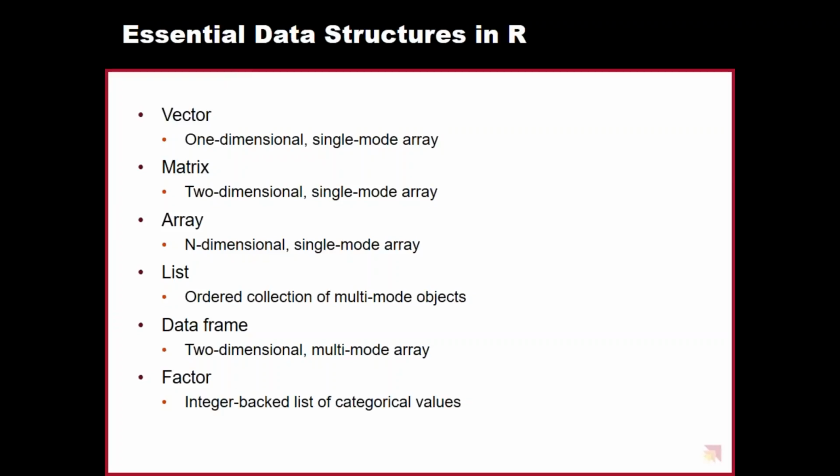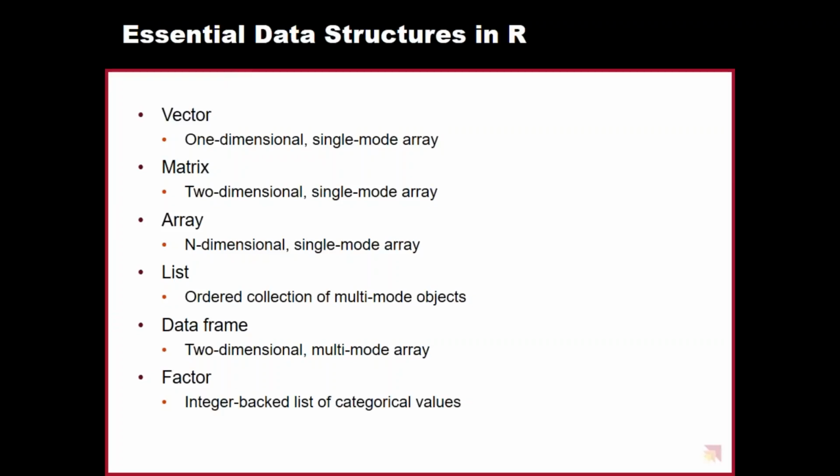You have the array, where the vector and the matrix are one and two dimensional. The array is just any number of dimensions that you want, so you can create a three-dimensional array. The next thing is a list. A list is where we start having multi-mode objects. A list is very simple in that it gives you the ability to add items into a list, and every item can be of a different data type.